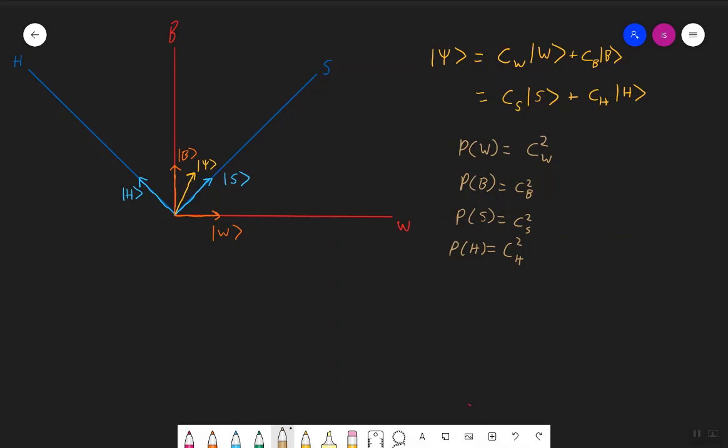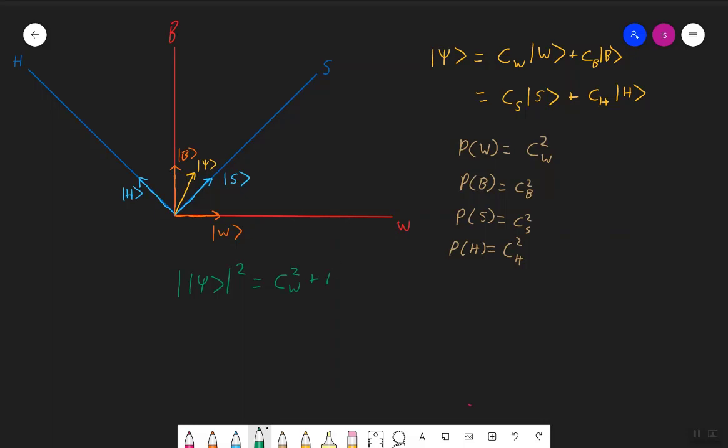Or we can also say that we know that the length squared, the magnitude squared of psi, that will just be a little bit easier to work with. So we know the magnitude squared of psi has to be the same, right, in either basis. Well, in the color basis, it is C_W squared plus C_B squared.